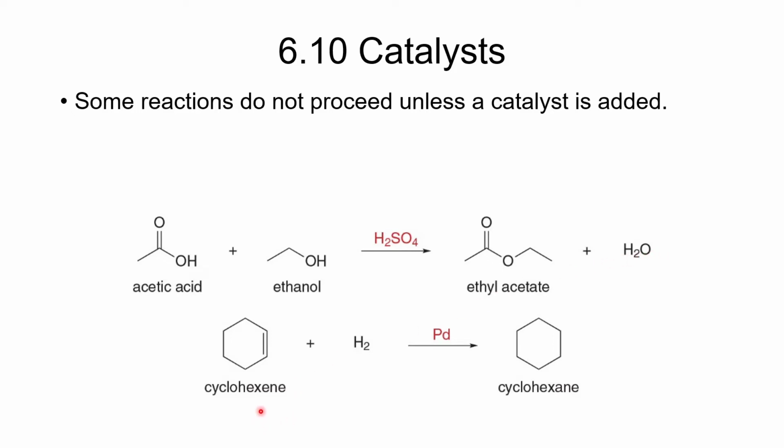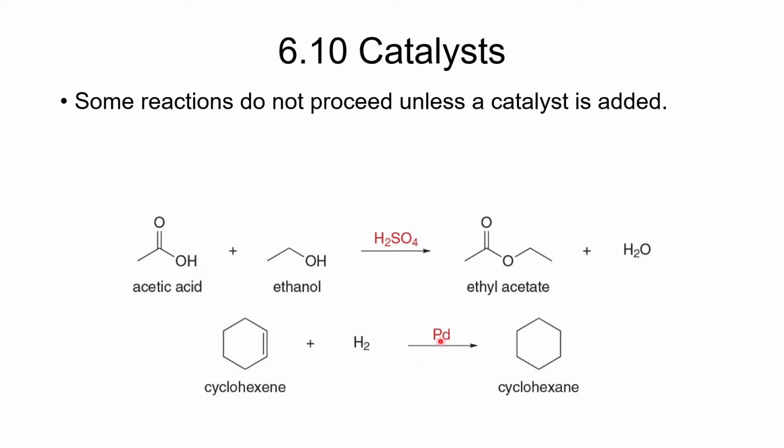Another example is hydrogen plus alkenes, in this case cyclohexene. If we put these two into a flask by themselves and let it sit there for 100 years, we will find that essentially none of it will convert into cyclohexane. That is because the reaction is so slow, it has such a high activation energy, that we are not able to do that reaction.